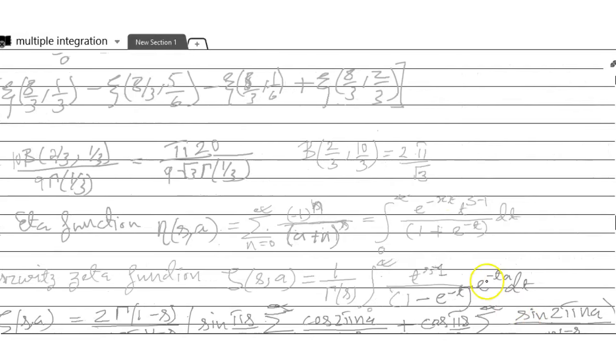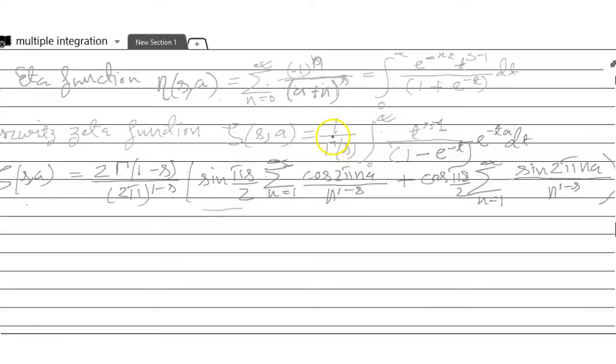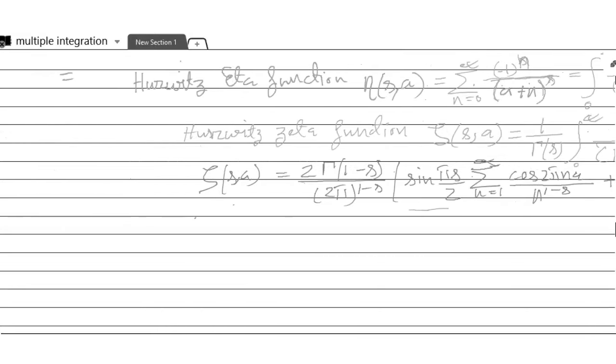This is called the Hurwitz zeta function, and it can be written as the integral 0 to infinity of e to the power minus xt, t to the power s minus 1. And zeta s comma a can be written 1 by gamma s, integral 0 to infinity t to the power s minus 1 into e to the power minus t a, divided by 1 minus e to the power minus t, dt. The Hurwitz zeta function can also be written this way.